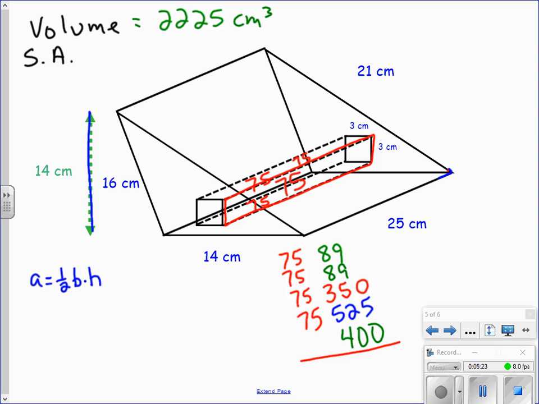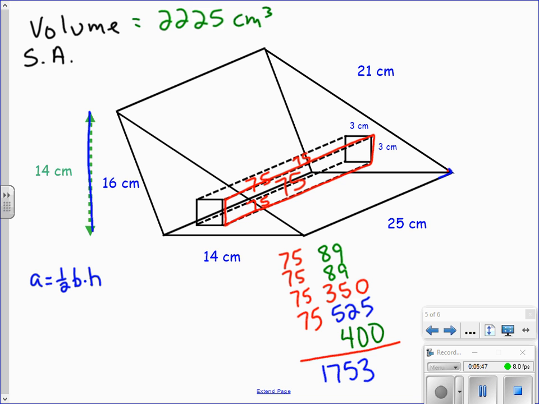So let's add all of those up, and we will get the total surface area of this shape. 89 plus 89 plus 350 plus 525 plus 400 plus 75 plus 75 plus 75 plus 75, and I get 1753 as my surface area.